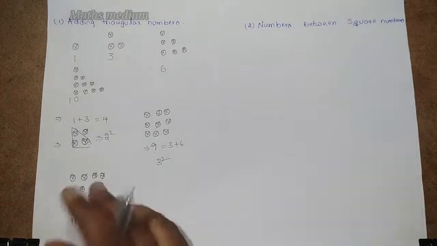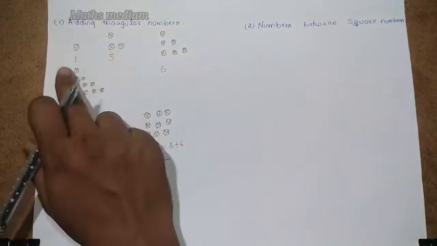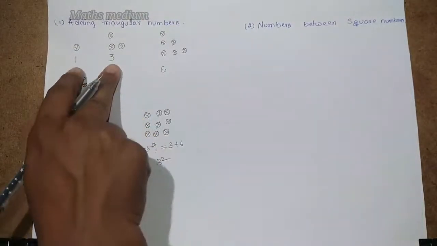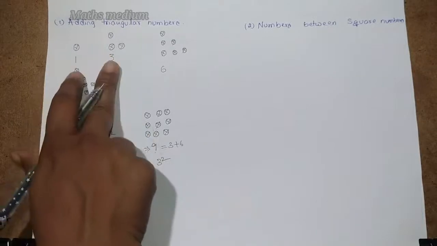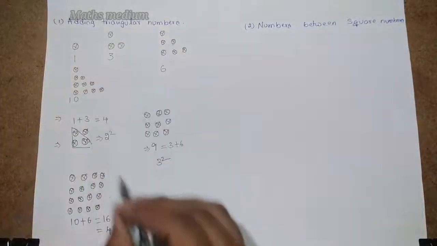Here we can observe one thing. By adding two consecutive triangular numbers, we get a perfect square number. That is the main thing here.